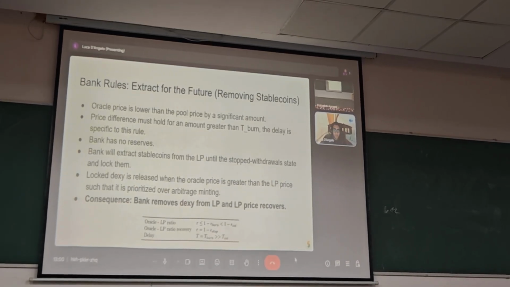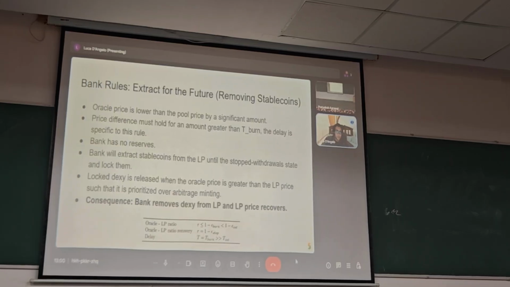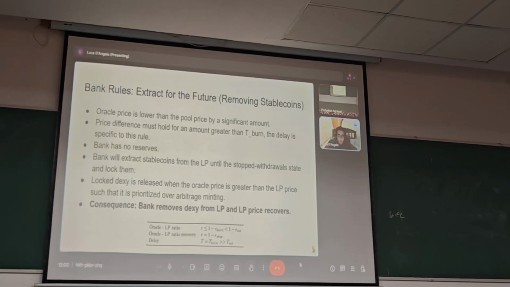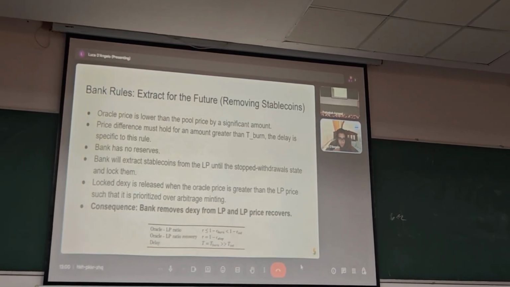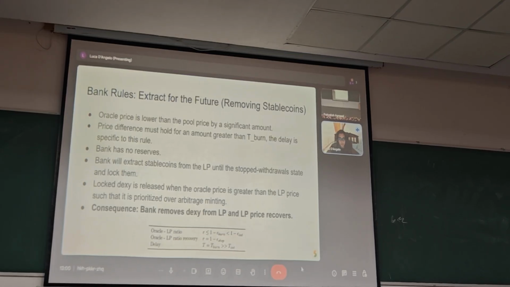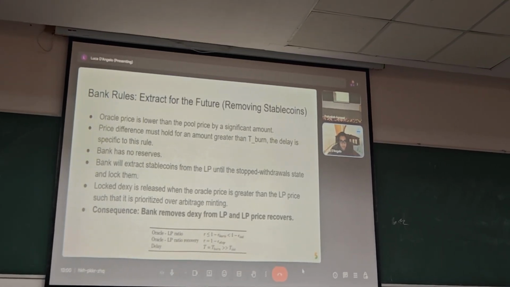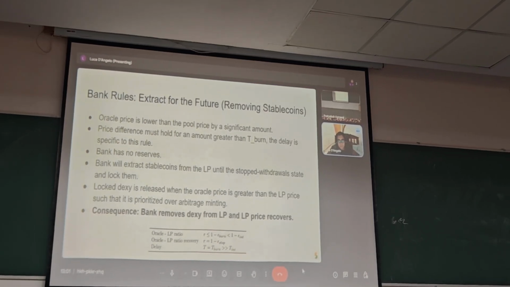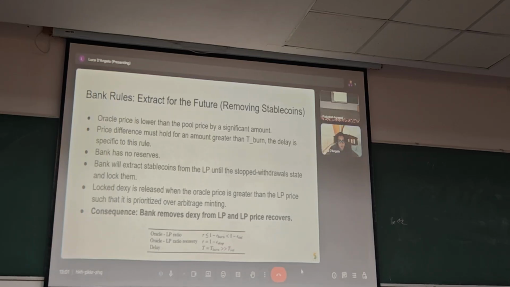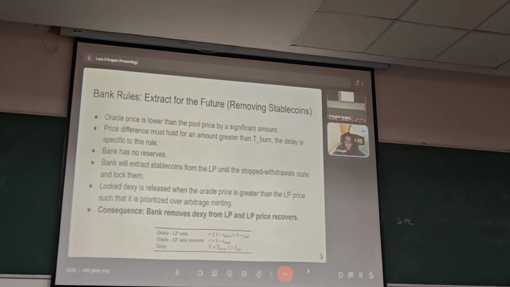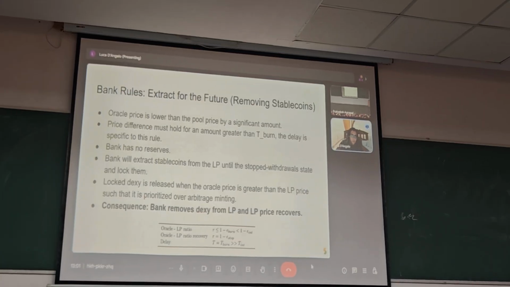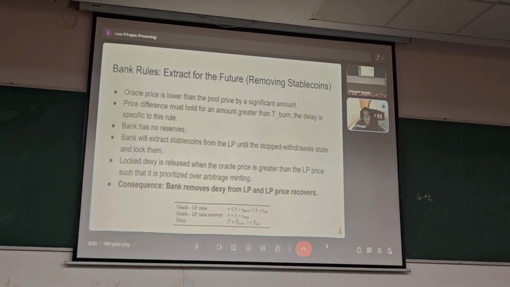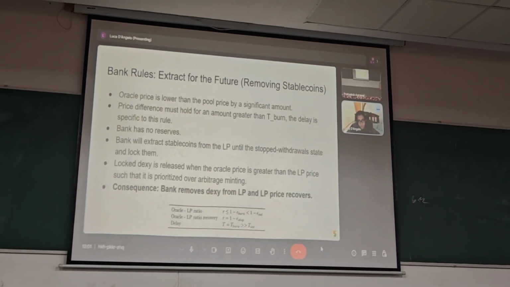Arbitrage minting happens when the oracle price is greater than the LP price by some amount, but if there's locked Dexy, you want to inject that first before allowing arbitrage minting. So Dexy moves from the LP and the LP price recovers again. And here recovery is considered once you reach the stop withdrawal state for the R value.